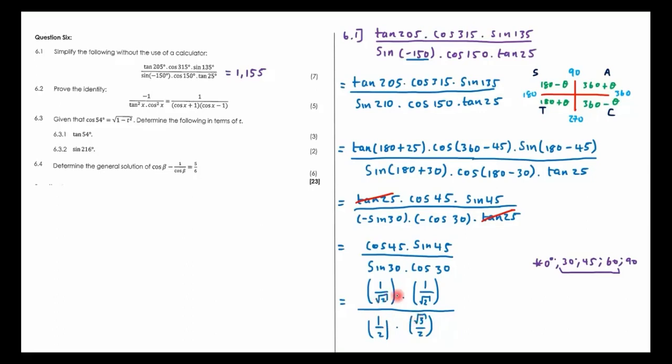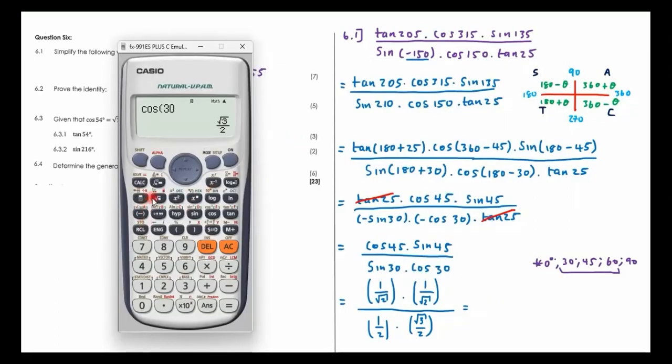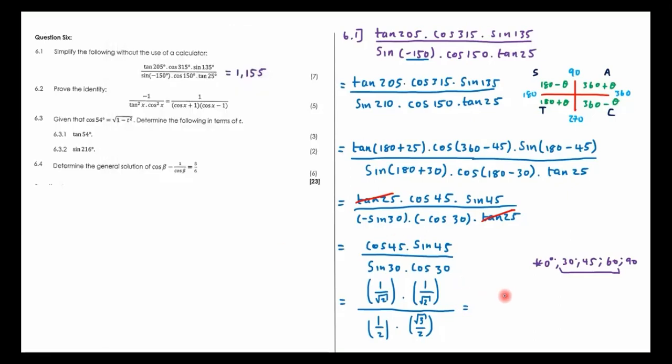And then from here, you're just going to multiply the top alone and the bottom alone, right? So here, proceed with a calculator, just for the purpose of the video, so that you can see that I am not making things up. So 1 over 2 over, and then this one is going to be, of course, root 3 over 4. And then from here, you will separate these two fractions like that, right?